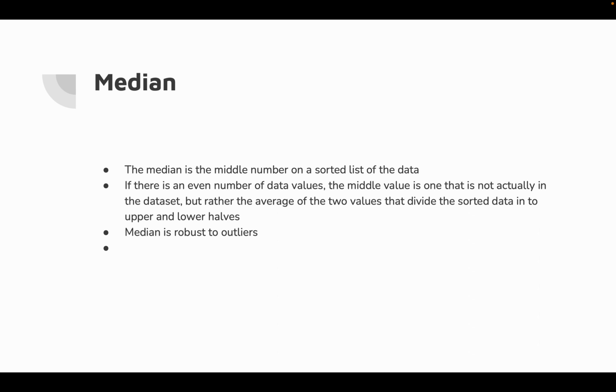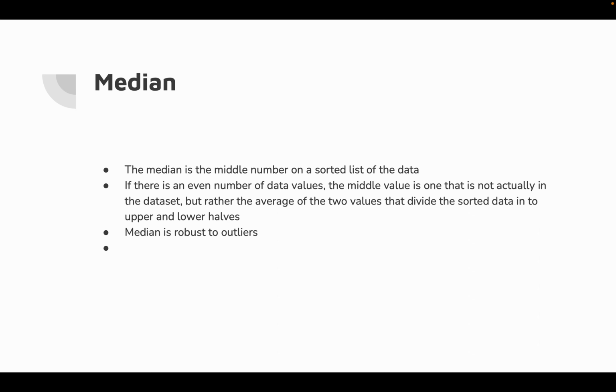Consider if the number of items in that particular list is even, then it will be a little difficult to find the median of that list. In that case, the median will be a value which is not in the data set.